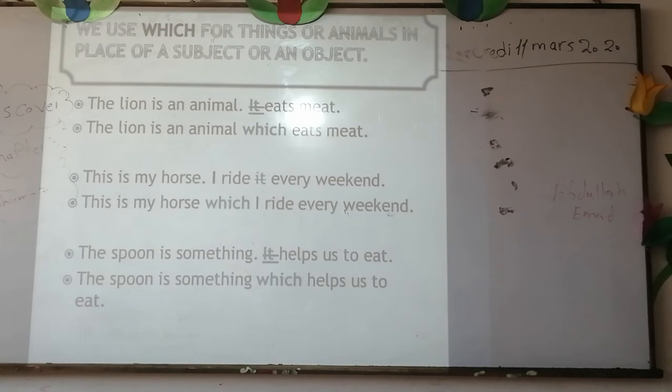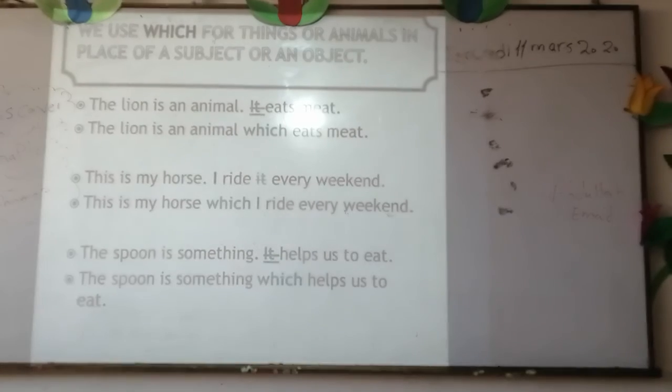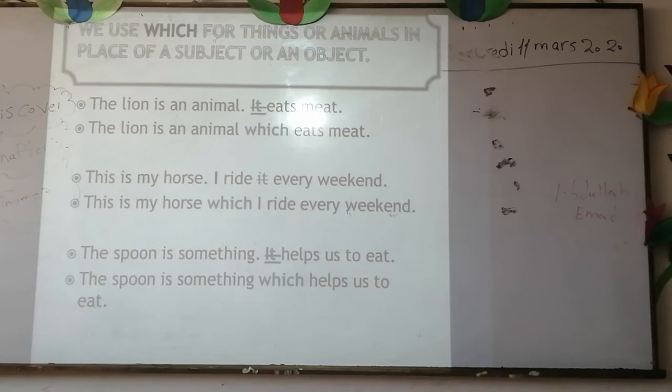Example number two. This is my horse. I ride it every weekend. Now I want to join the two sentences and use a relative clause which refers to animals. So I'm going to use which.